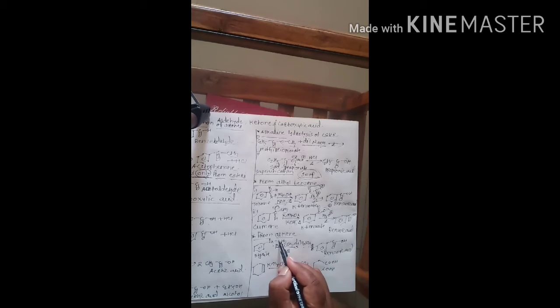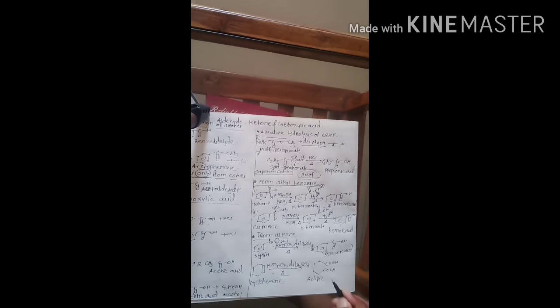So whatever part is present after this is removed to form the corresponding carboxylic acid. Then this is cyclohexene. When it undergoes oxidation by using dilute H2SO4 and potassium permanganate, then it gives a dicarboxylic acid. So this is adipic acid. So we can prepare adipic acid by using this method.